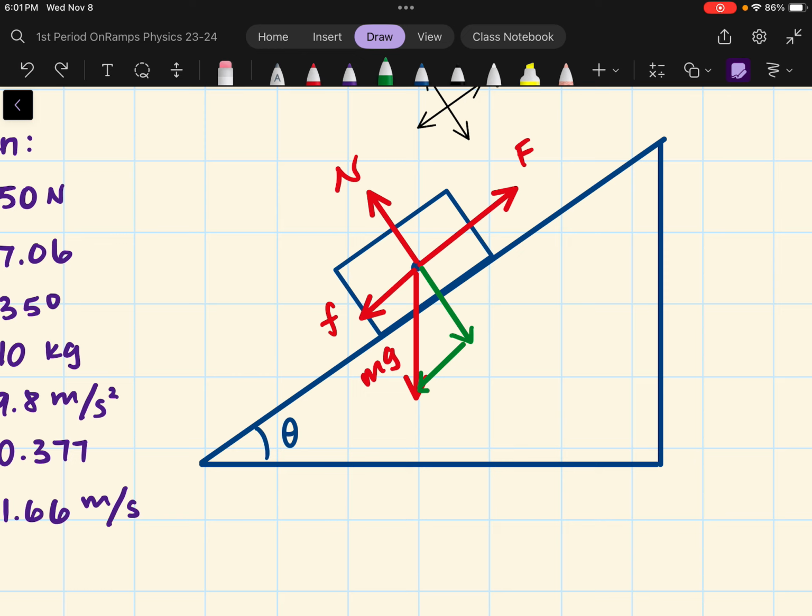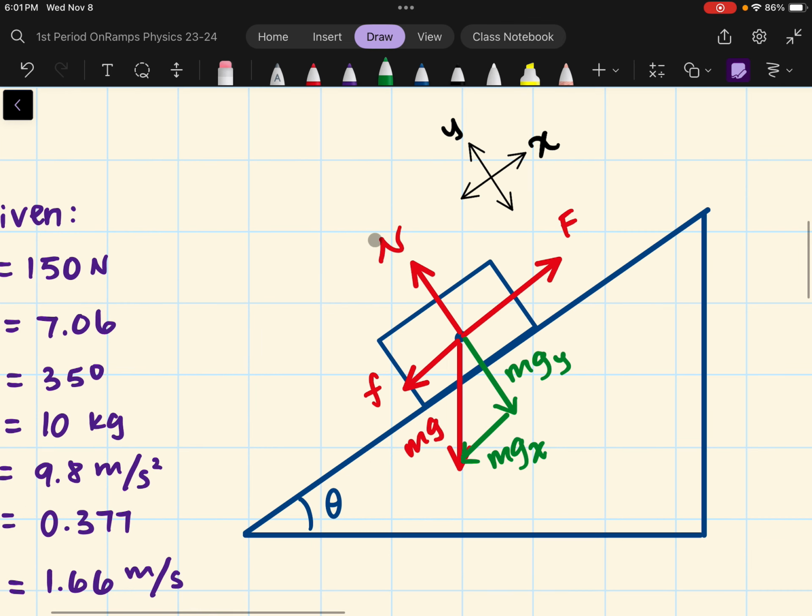I'm going to call this one mgx, as it is acting along the x direction, and this one I'll call mgy. There we go. My free body diagram with the components of the weight.